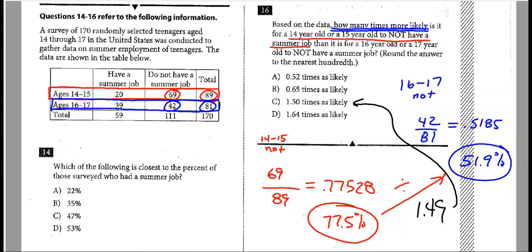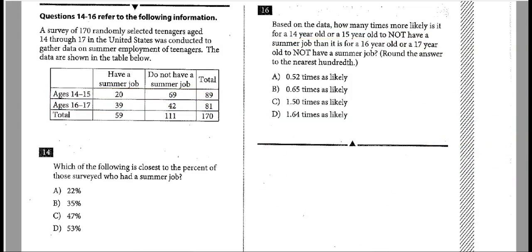Now, the answer that a lot of us chose when we first did it was the wrong answer, which was D. Maybe you did the same thing, so I want to explain how that came about. We interpreted it as the 14 or 15-year-olds not having a summer job compared out of the total. So we did 69 over 170, which came out to be 0.405.